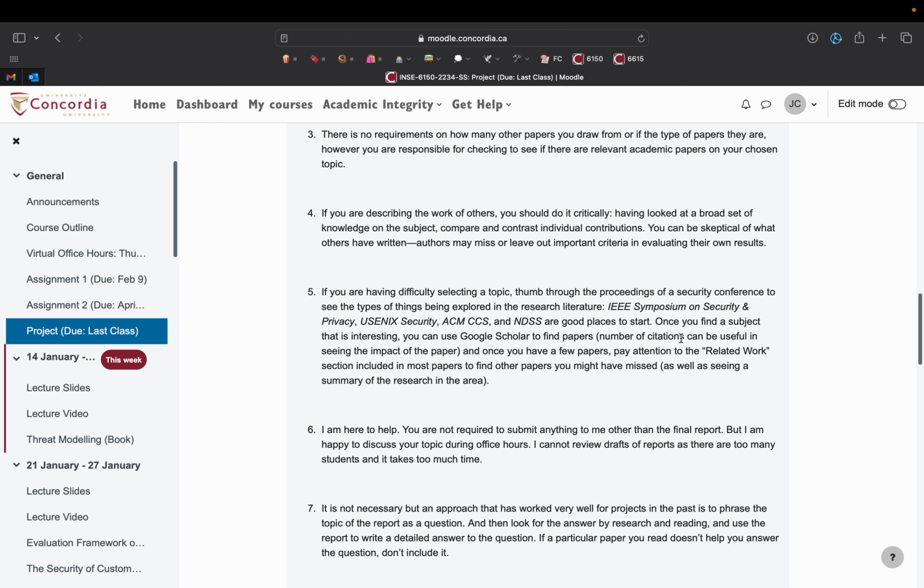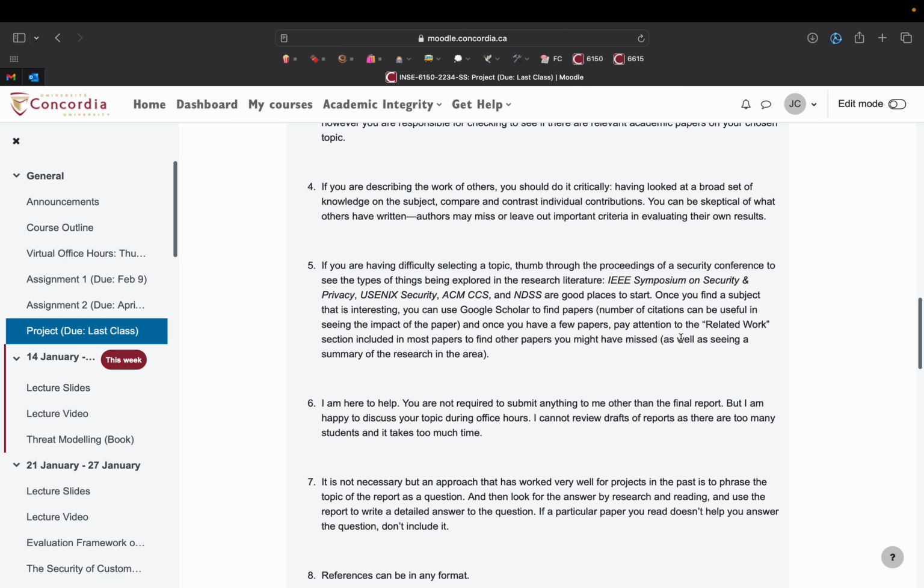It could be a brand new paper, so no one has cited it just because it's from 2023 or 2024. So just because it doesn't have citations doesn't mean it's not a good paper. But conversely, if it has a lot of citations, and a lot also depends on age, a lot could be 10, it could be 100, it could be 1,000. But if you look relatively, you see there are 10 papers, one paper has 300 citations and the rest have 2 or 3, right?